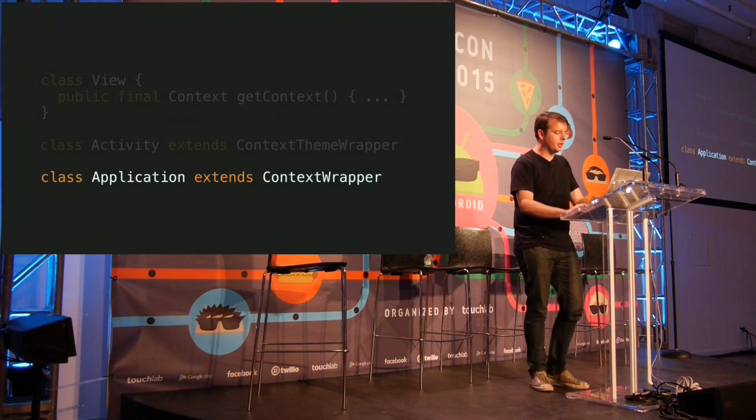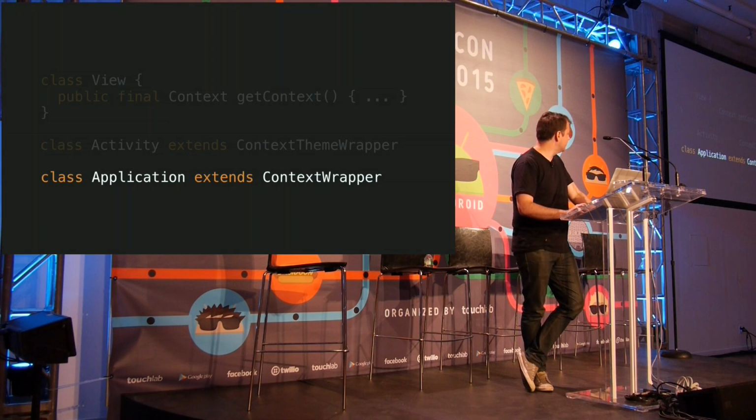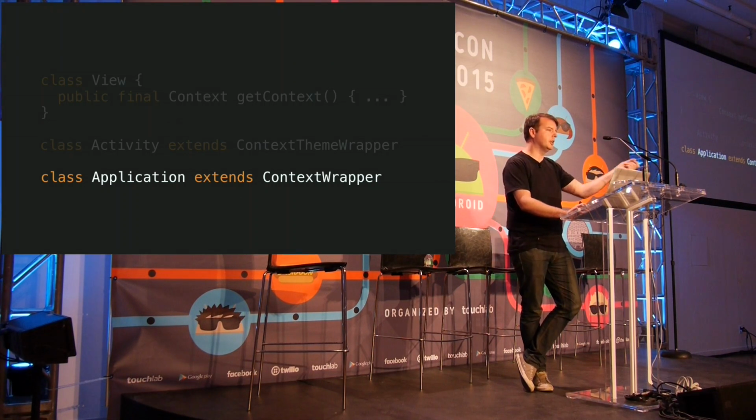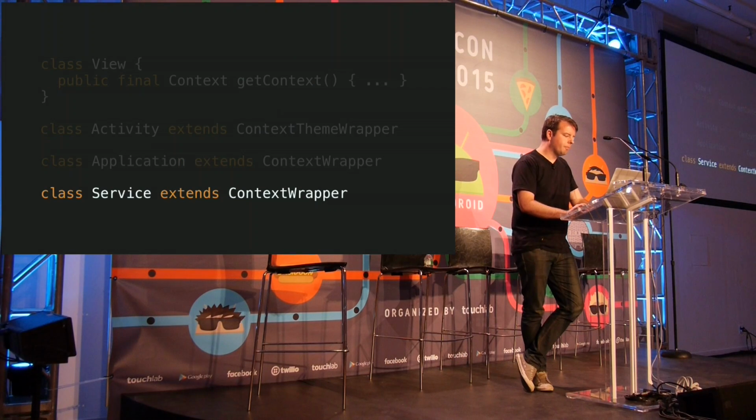Well, conveniently, application's already a context wrapper, which means it has a get system service that we can override. So we can do the same trick, right? We can put our database and our user and whatever in the context that is the application. We can keep it in the application and have a very small bit of soup that everybody can reach into. We can also keep that organized with Dagger, and we do.